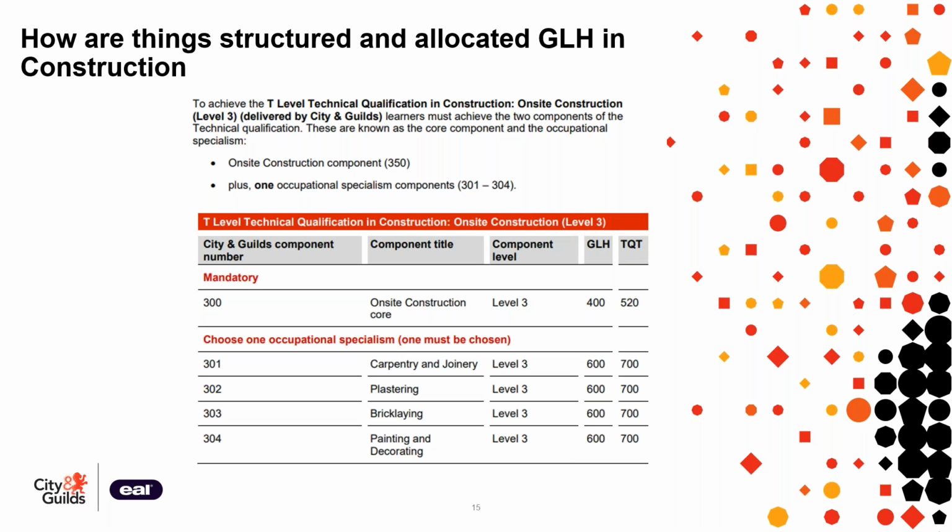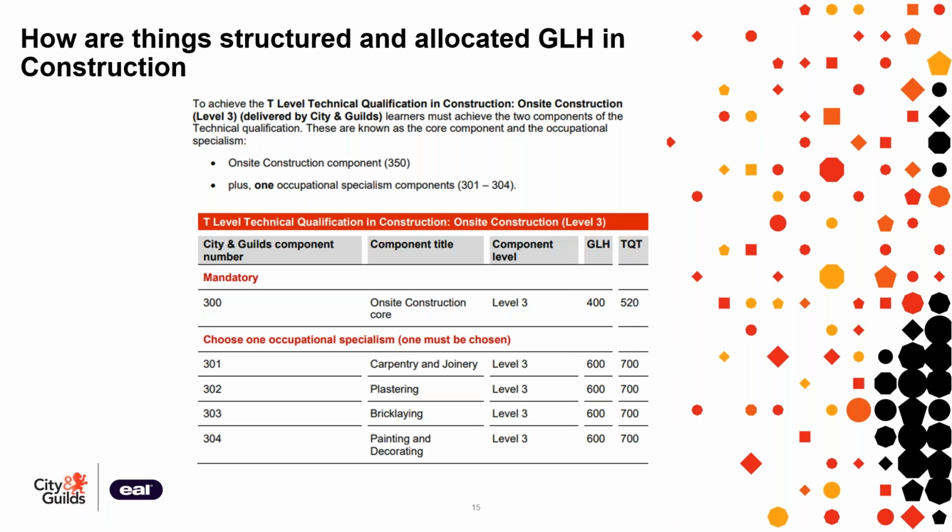As we saw on the slide, it's a quick overview of what the GLH is and how that's split between the core and the occupational specialisms. Thanks to colleagues on our validation process, because that process was really important for us.